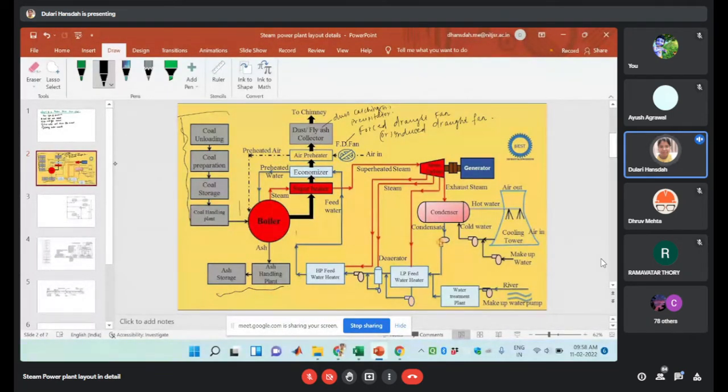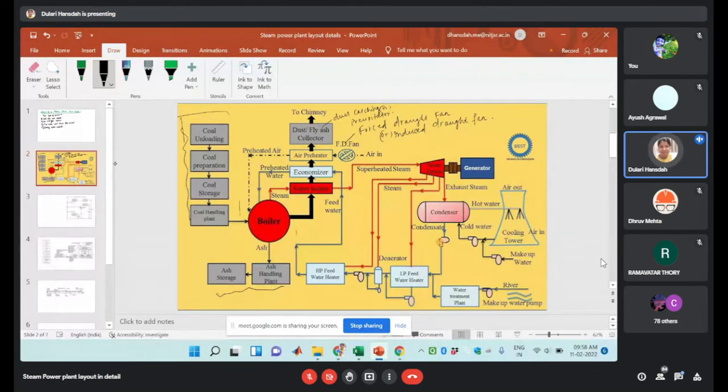Then superheated steam will be generated, and in the steam turbine, that will be expanded, and it will go to the condenser. If you are observing in this case, we are using some amount of steam for the low pressure feed water heater and high pressure feed water heater.